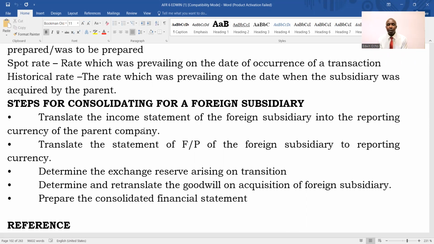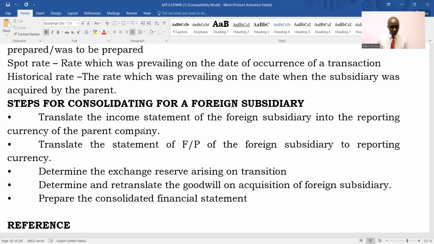because the exchange reserve can be a gain or a loss due to the aspect of inflation. Today, if you translate a shilling to a dollar, tomorrow you might find that the dollar is selling at a different value. Now the dollar has been weakening against the shilling.